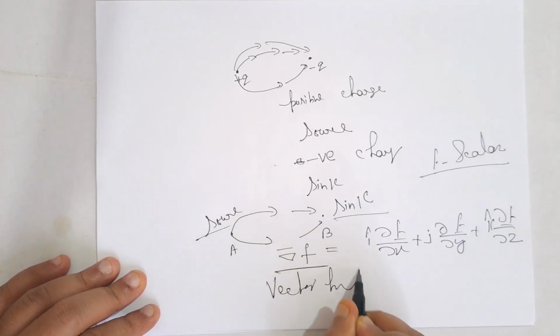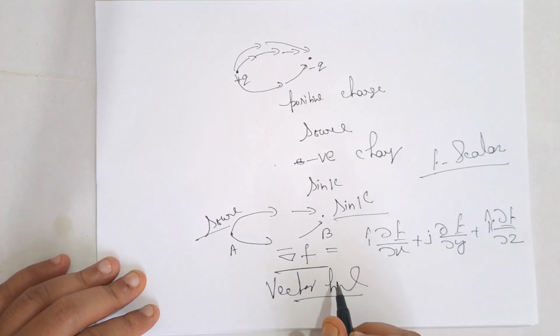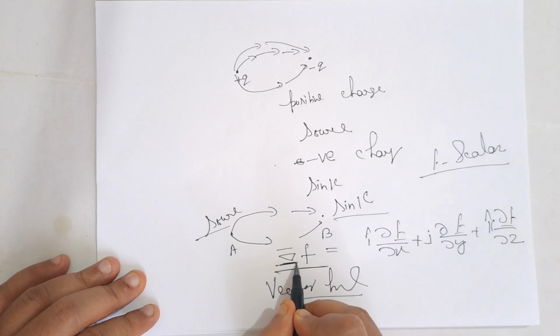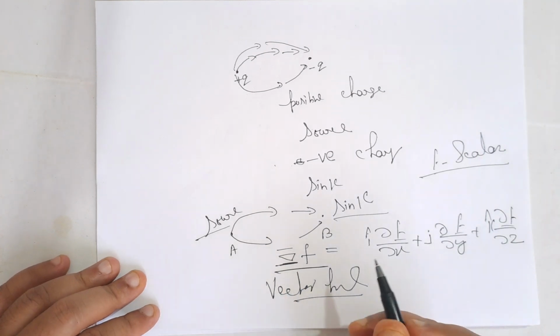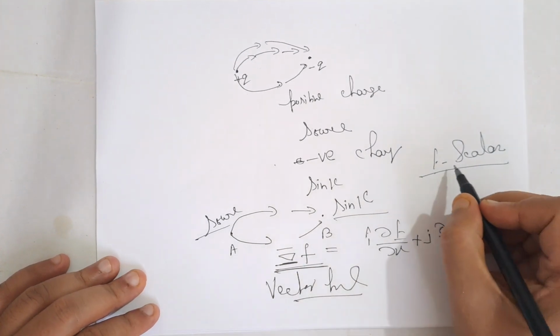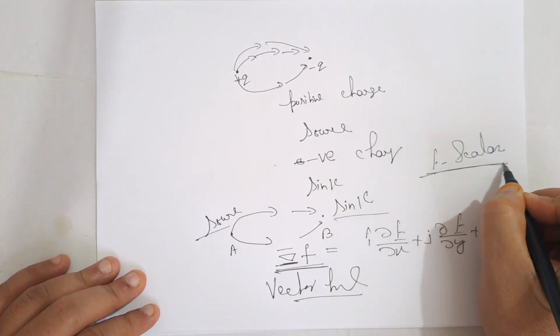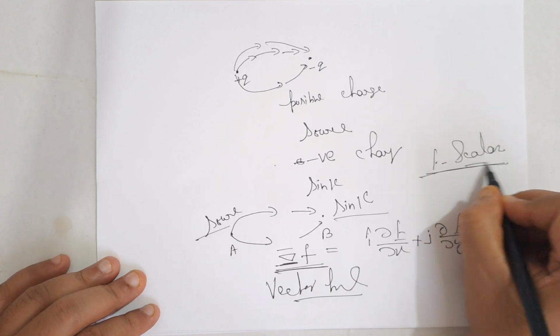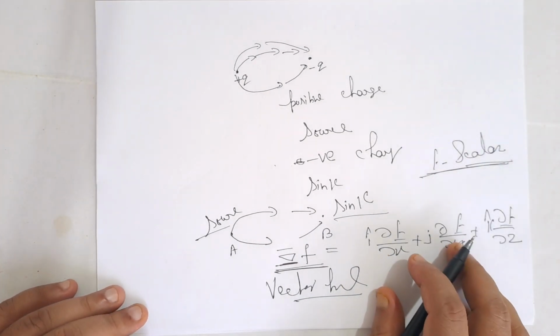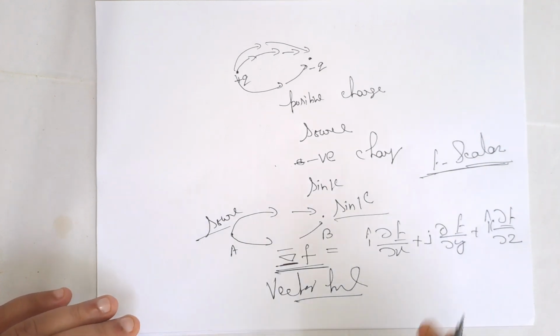This is the vector field, and this delta is the differential operator. So we can get the vector field by applying the gradient function on the scalar field. So in the next lecture we will learn divergence and curl of the vector field.